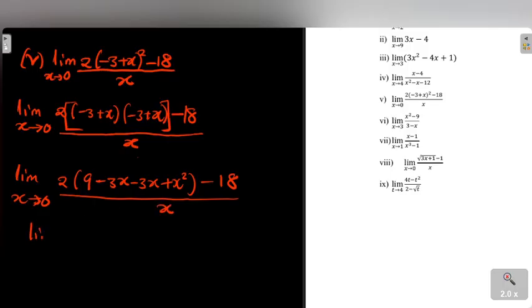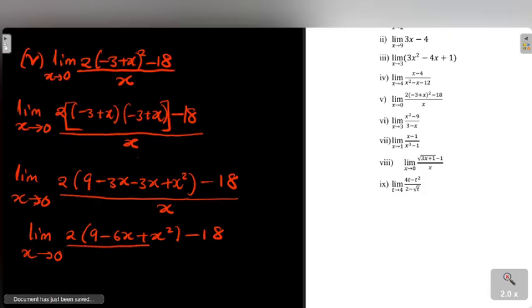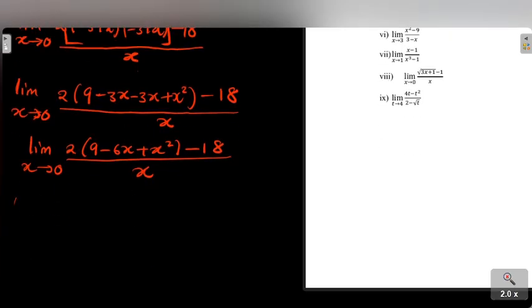So minus 18, then over x. Now we have the limit as x approaches 0, we have 2 open brackets, we have 9, then negative 3x minus 3x. This will be negative 6x plus x squared minus 18, over x. Now we have the limit as x approaches 0.